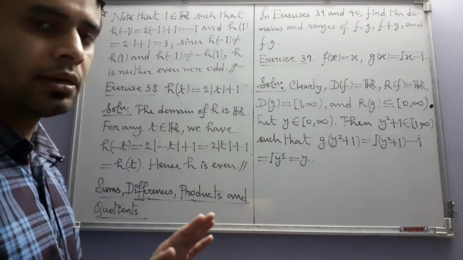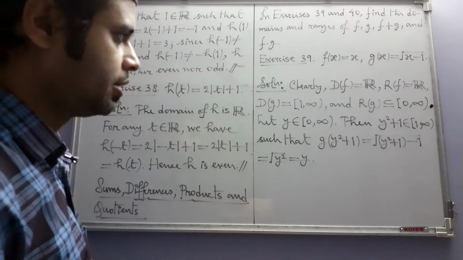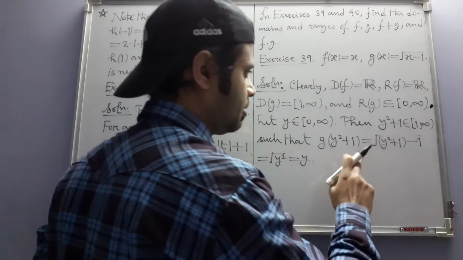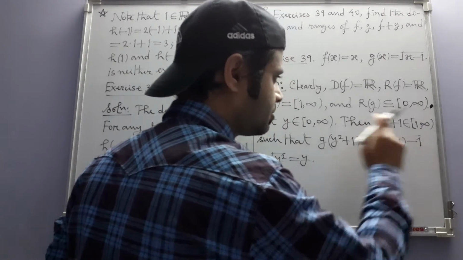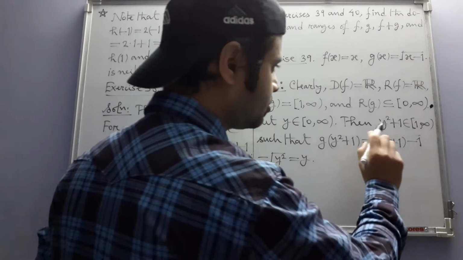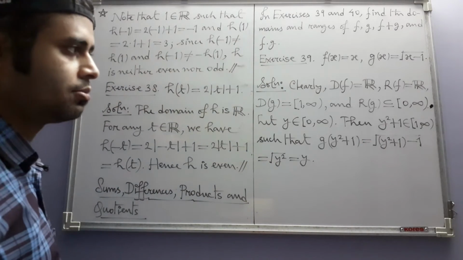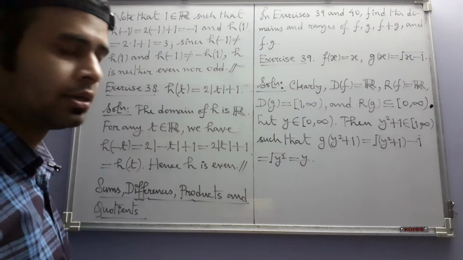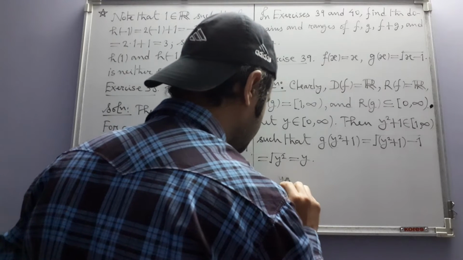Now there are a number of things to be noted here. First of all, how are we claiming that y square plus 1 belongs to 1, infinity? For that to happen, y square plus 1 has to be greater than or equal to 1. Is that the case?